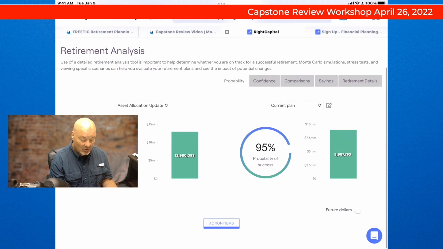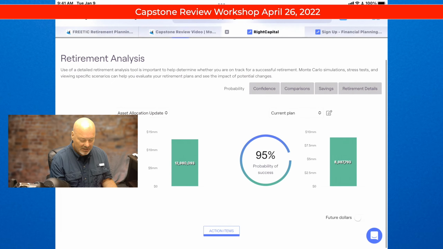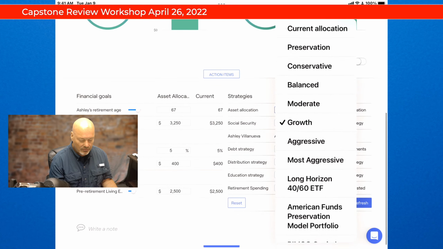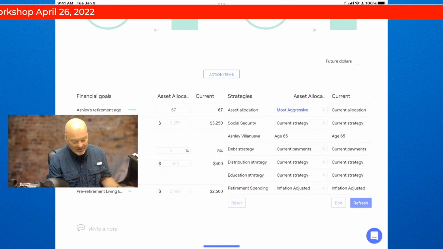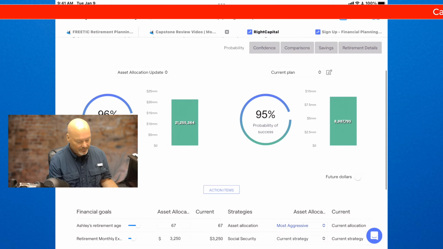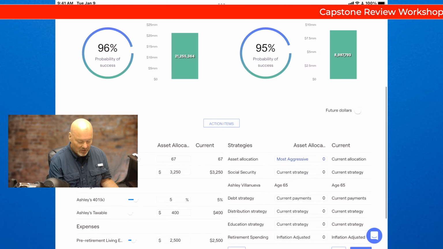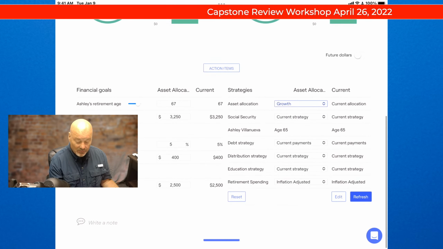And that's if we went with growth. What if we went with most aggressive? Let's see what happens there. She'll probably be a billionaire if she's most aggressive. $21 million. So I'm going to go back to growth and hit refresh.